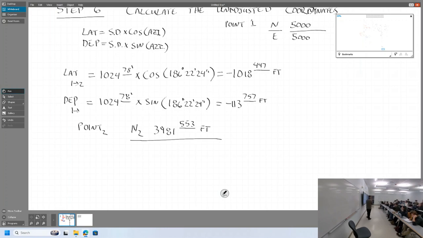How do we get that? You subtract it from 5,000. And then the easting of 2 will be 4,886.243. So there are our coordinates for unadjusted point number 2.